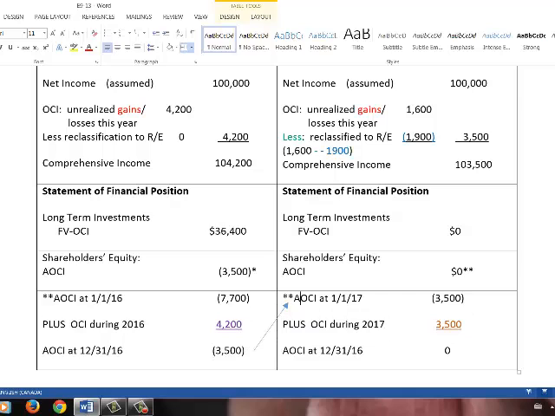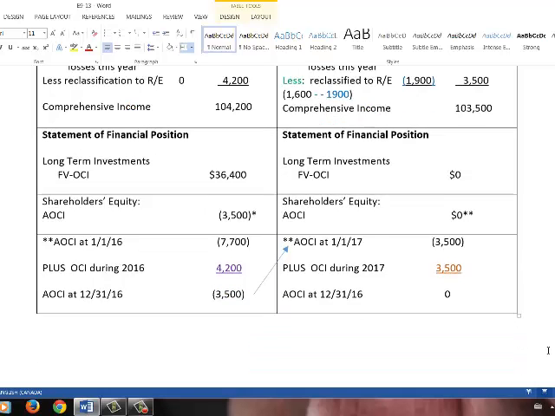Carry that through to the beginning of 2017 with what got added to AOCI this year, which is exactly what I put into OCI, which is 3,500. I get a zero balance. And again, it makes sense. If I don't have any fair value through OCI investments, I shouldn't have any AOCI on them either.